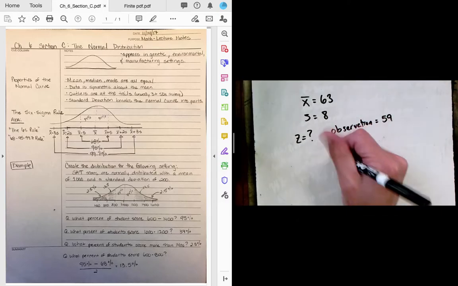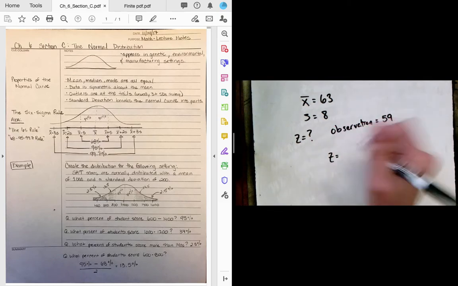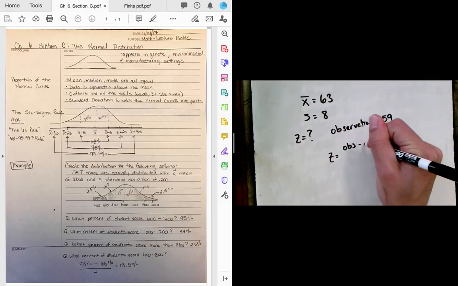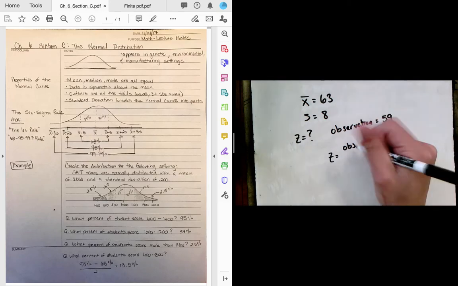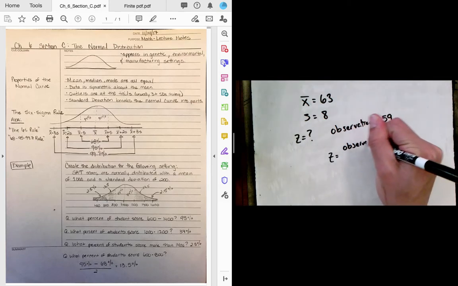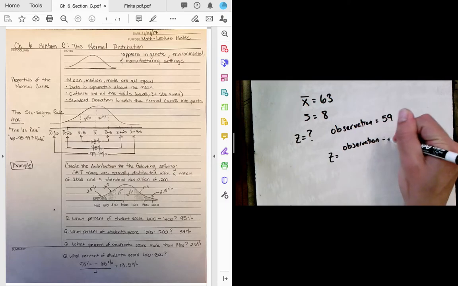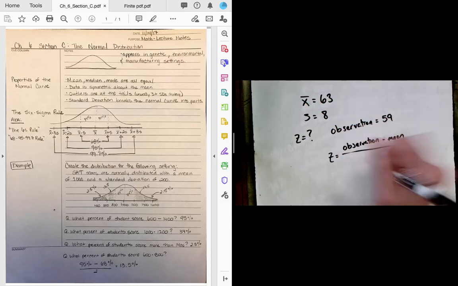So if we want to calculate the z-score, remember, we take the observation minus mean, all over standard deviation.